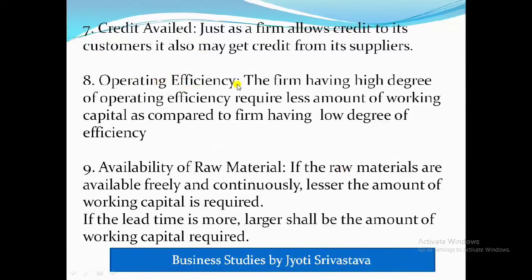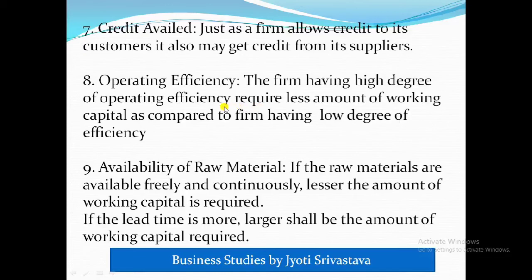Then next is operating efficiency. The firm having a high degree of operating efficiency requires less working capital as compared to the firm having a low degree of efficiency. Efficiency means that if the company is efficient, less wastage will be there, and then the company will require a lesser amount of working capital.